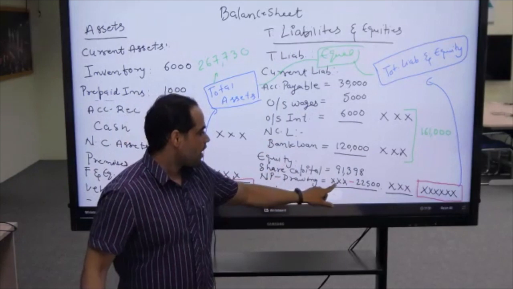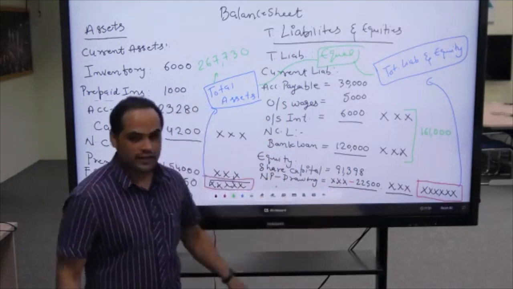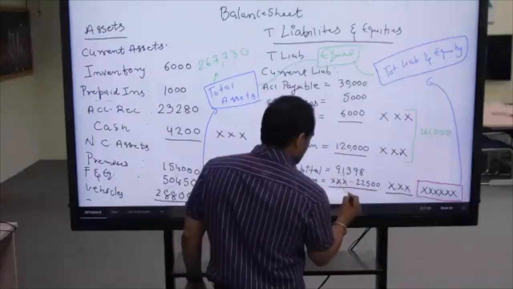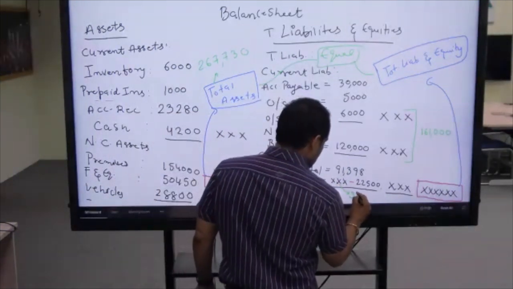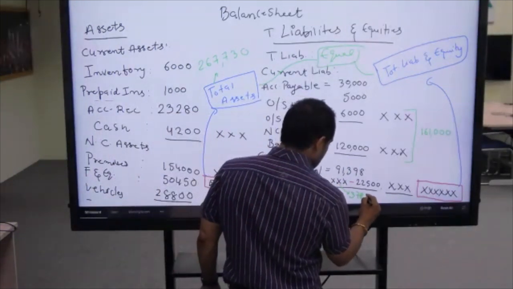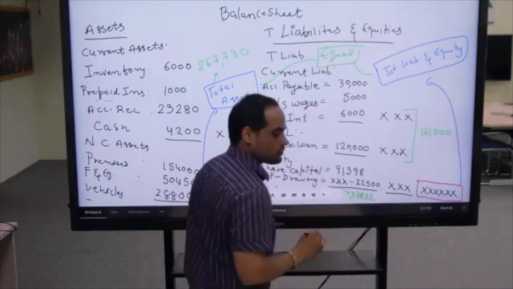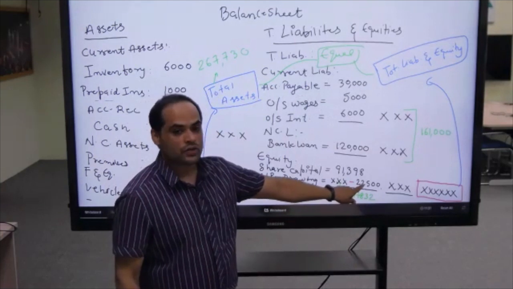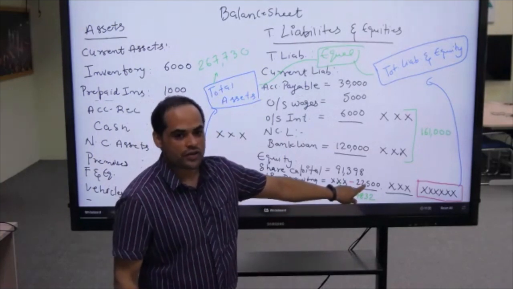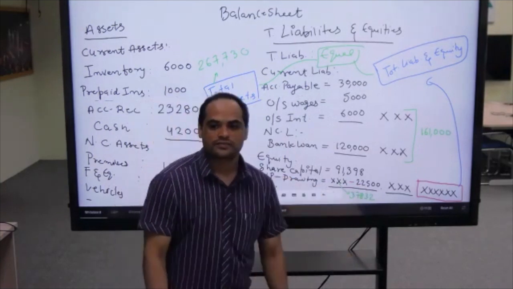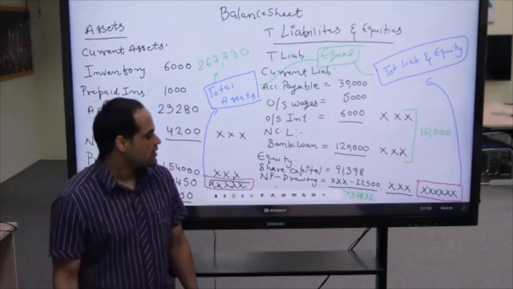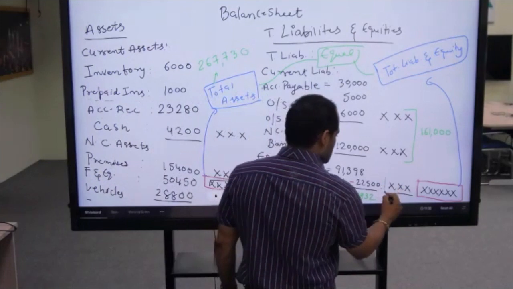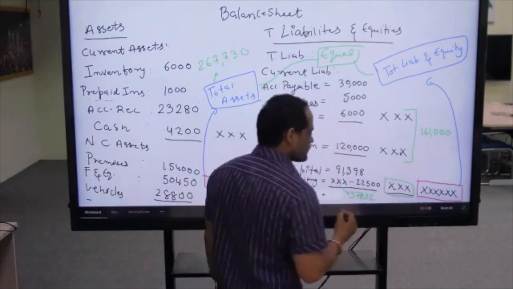So now this number is 37,832, minus this 22,500. How much is this number? Tell me.